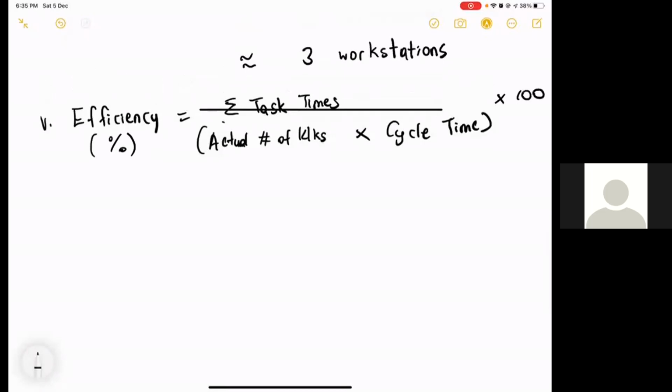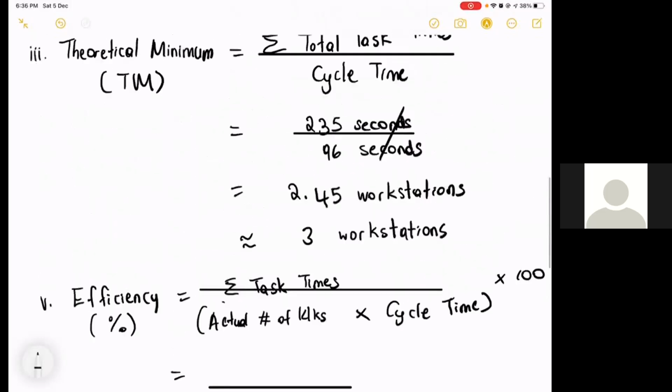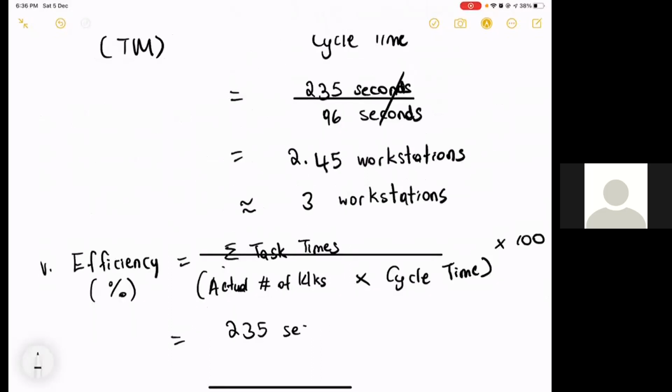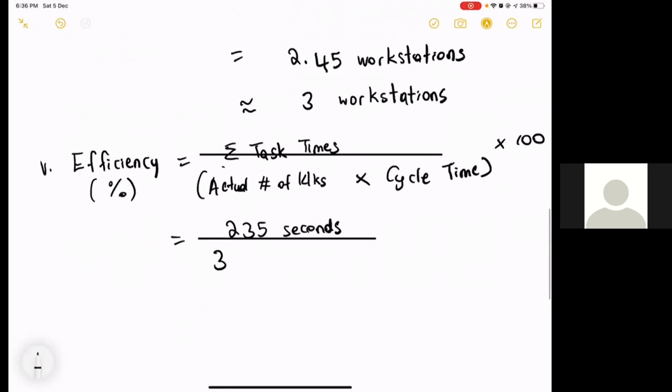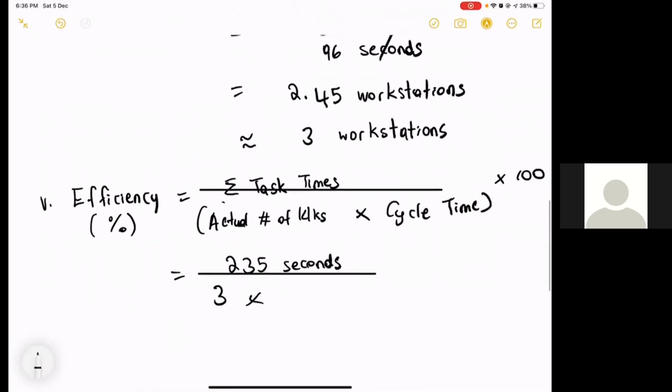So we will multiply all of that by 100. The sum of the task times had yielded 235 seconds. The actual amount of workstations used was 3 and then the cycle time was 96 seconds.